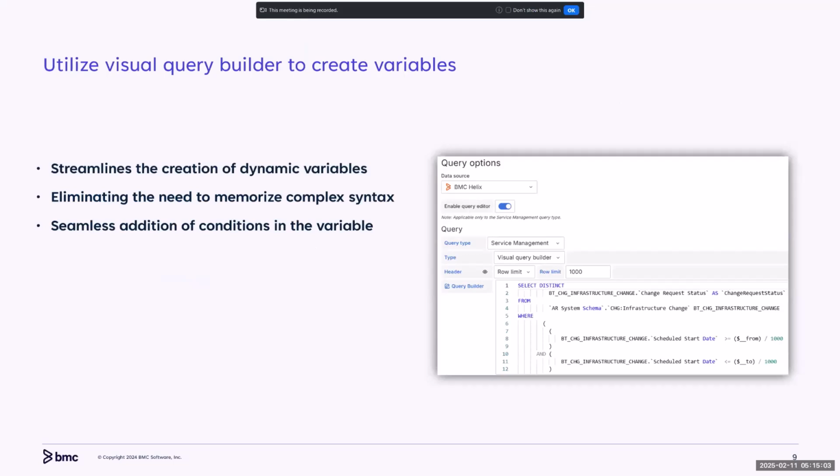Instead of writing the queries manually, we can use the virtual query builder, as this simplifies creating the dynamic variables and eliminates the need to memorize the complex variable syntax. It also helps to effortlessly add conditions, resulting in a more efficient and user-friendly variable design.